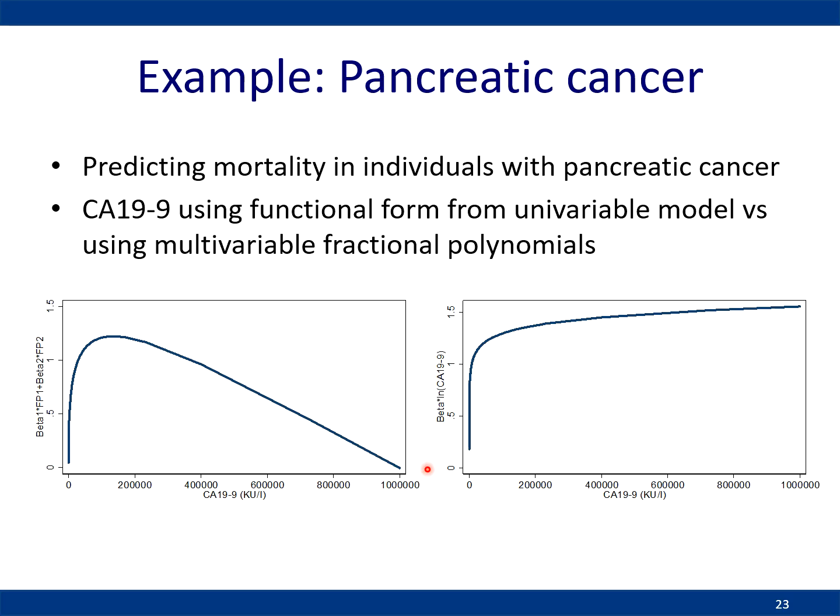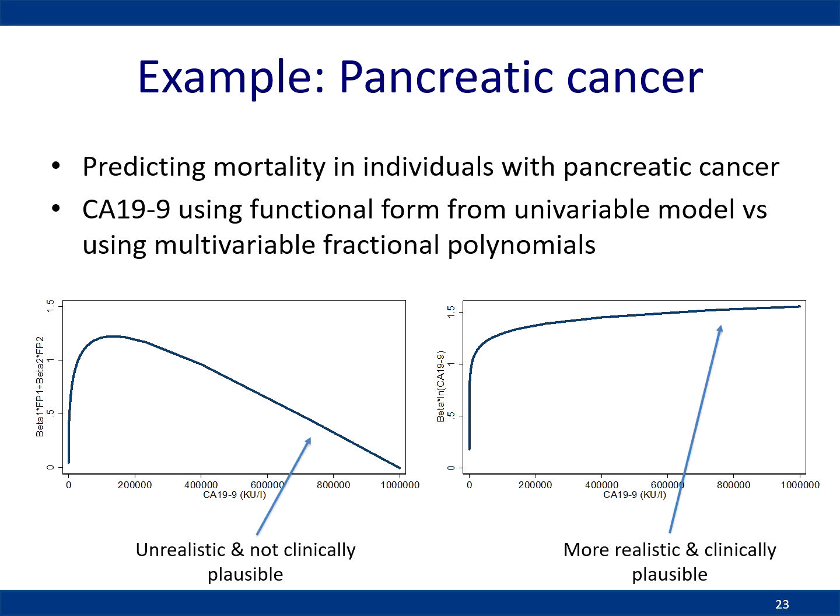On the other hand, if we were to determine the functional form in the presence of the other variables, using multivariable fractional polynomials, we find that we still get this sharp increase and then it plateaus off, which is a more realistic function and more clinically plausible.